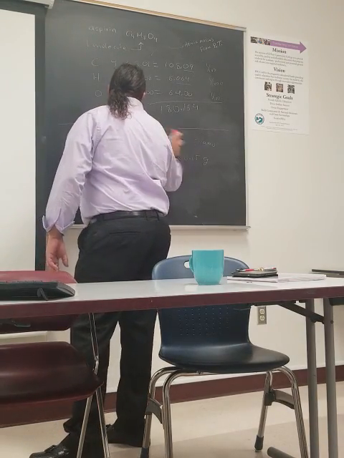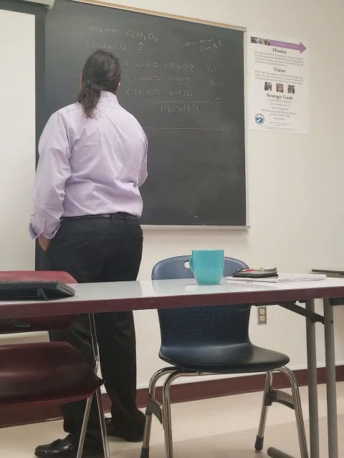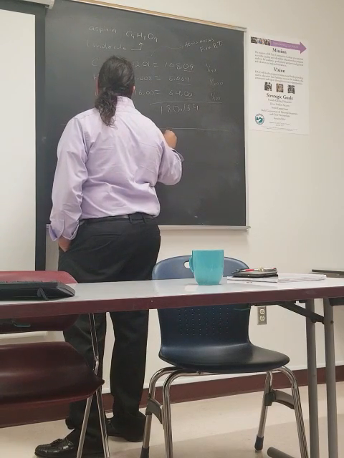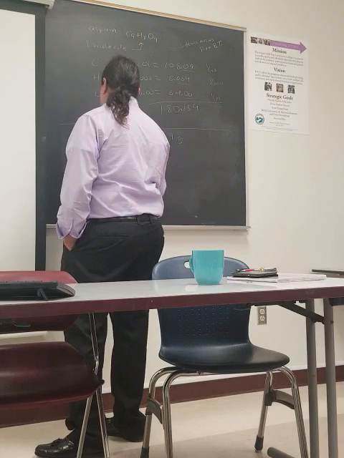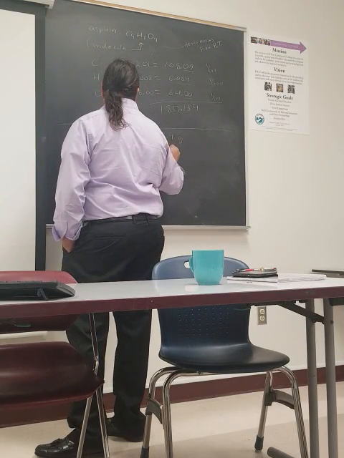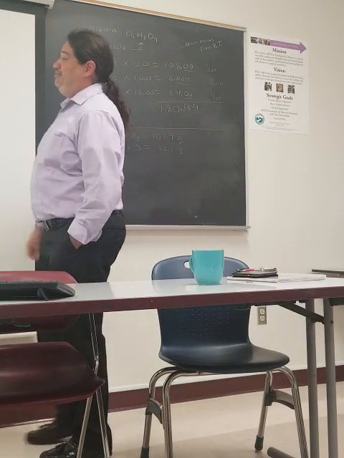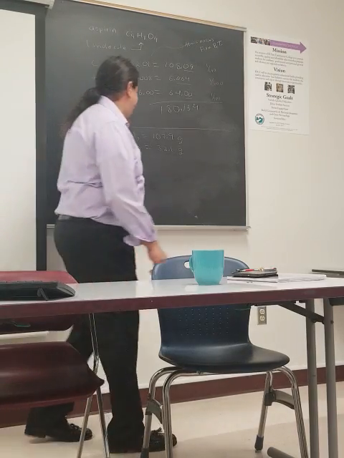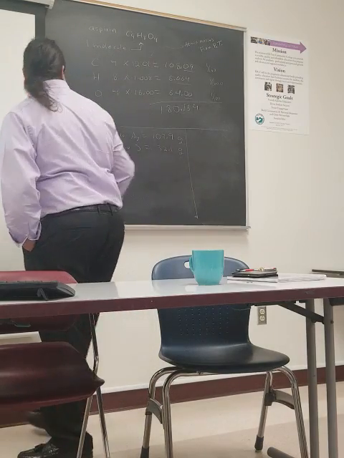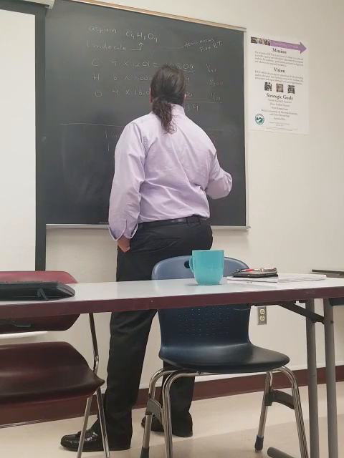So in this example, we have silver. One mole of silver is 107.8 grams. One mole of sulfur is 32.1 grams. And then we're making silver sulfide.